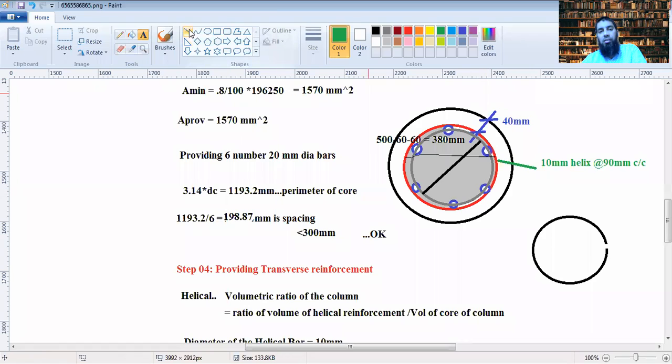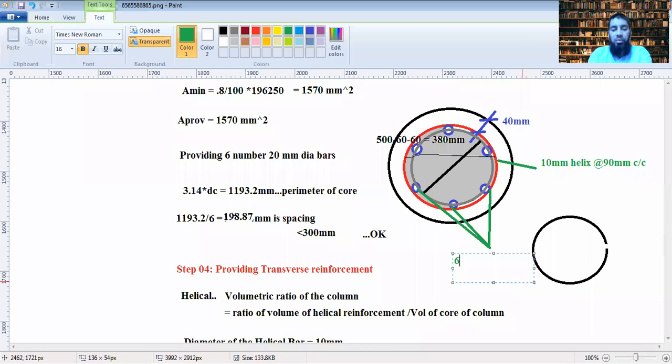Similarly, you can mark all these in this diagram. This is 6 number 20 mm bars longitudinal.